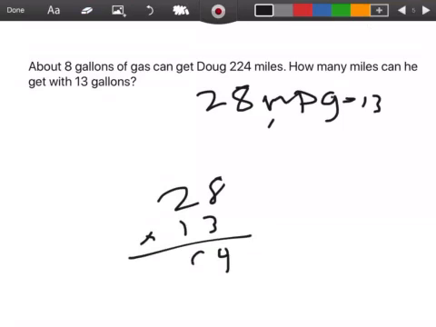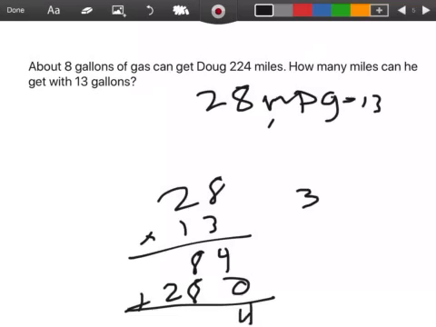Equals 84, and that equals 364 miles with 13 gallons of gas.